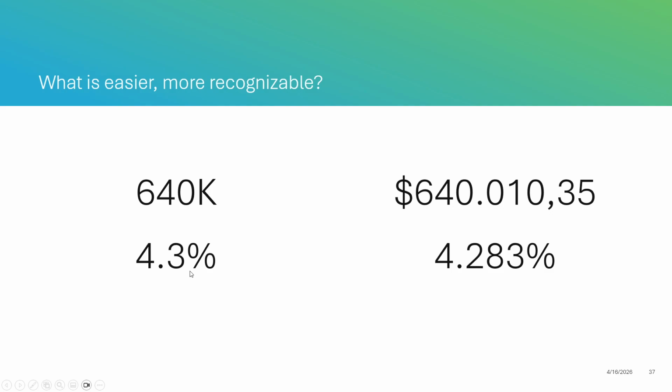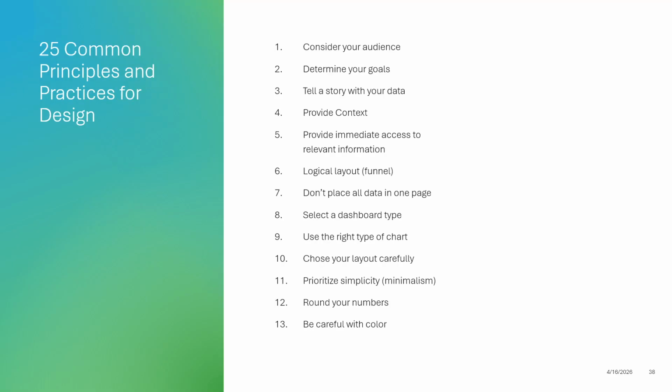Or 4.3 is much easier to interpret than 4.243 when we don't need that precision. It's just giving us that 4.0 is closer to 4 than to 5. But if we have the other number, we need to do more computations to really interpret that.